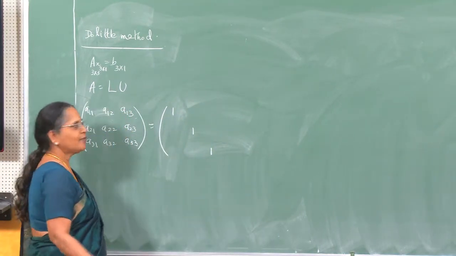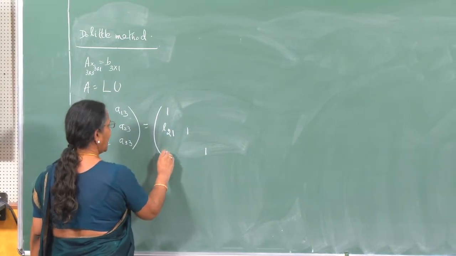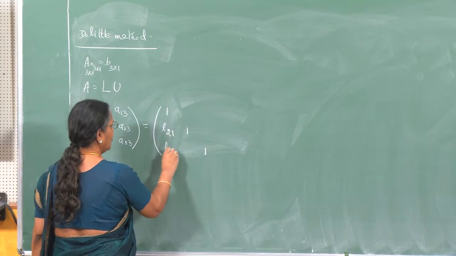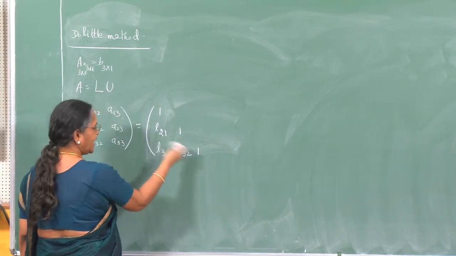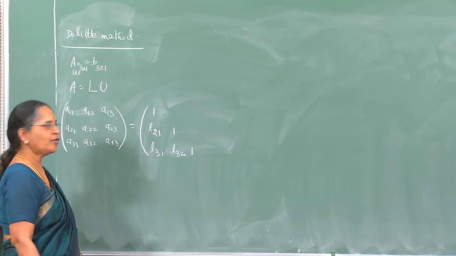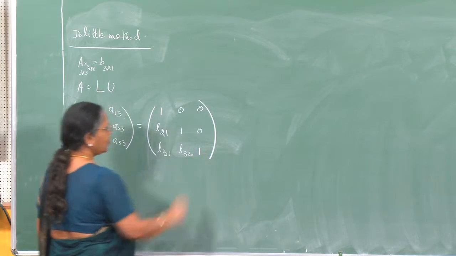It is a lower triangular matrix, so the other entries will be L21 in the second row, L31, L32 below the diagonal on the third row, and the other entries will be 0.